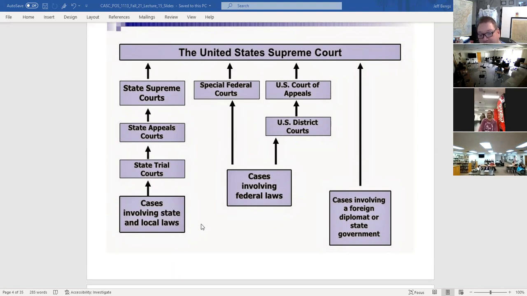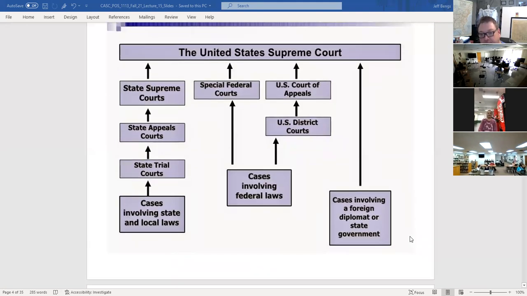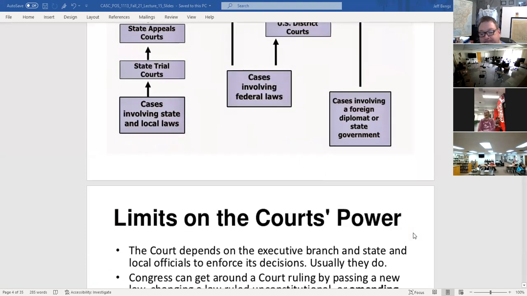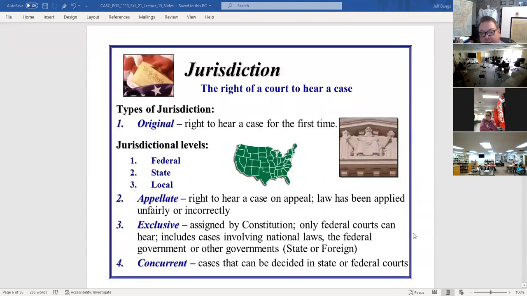Once again, if Texas were to sue California, that is a federal issue that would start at the Supreme Court. So that's original jurisdiction.